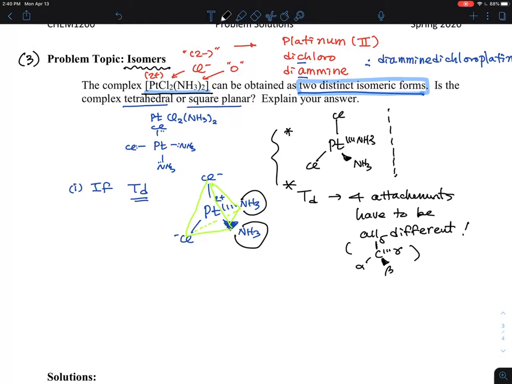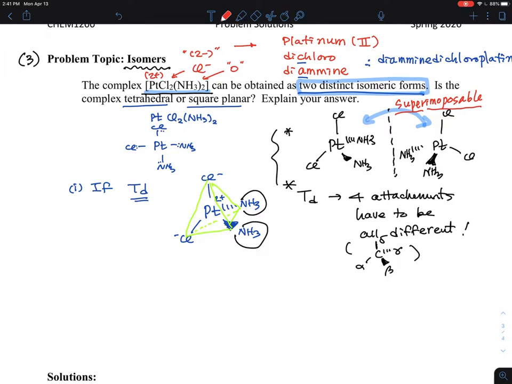So if I do this, Pt with NH3, Cl and Cl, you will find out that it's superimposable.